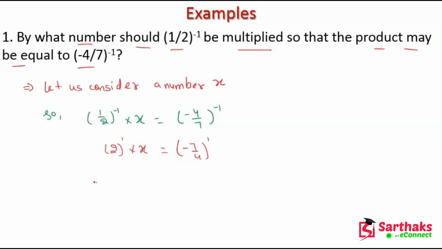So x is equal to minus 7 upon 4 into, if we shift this here, 1 upon 2 goes in the denominator. Got it? So the result is minus 7 upon 4 into 2, which is 8. So x is minus 7 upon 8.